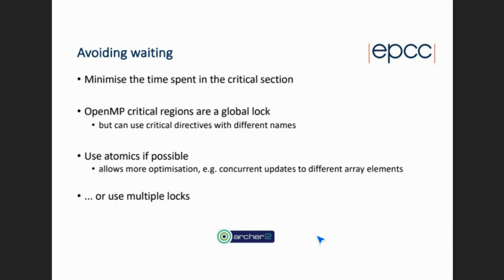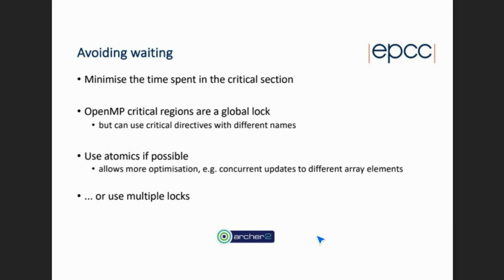In general, you should always use atomics if possible, in preference to the critical sections. And obviously, atomics have a limited applicability. It's really just single statement updates to basic types. But if you can use them, they are faster and have lower overhead, and they also protect the actual memory location on the left-hand side, rather than the block of code.